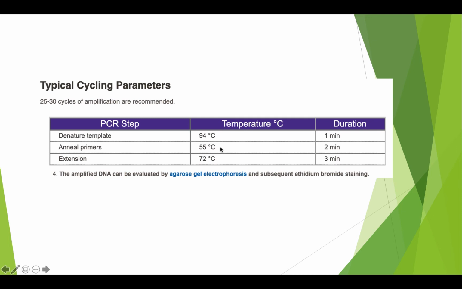If you lower the temperature below the optimal temperature for annealing, the primer binds less specifically. That means it might bind to areas on the DNA that are not the area you're looking for, so you might get more unwanted DNA. You might get false positives.